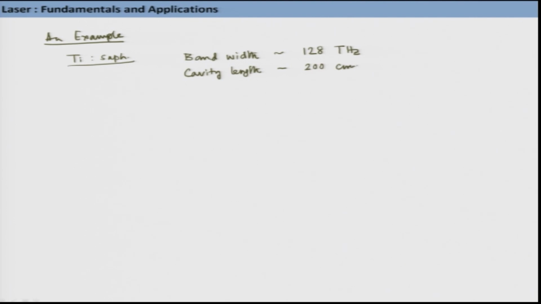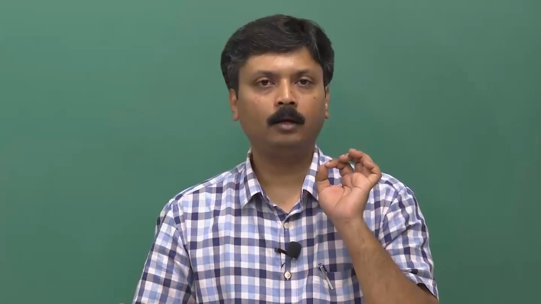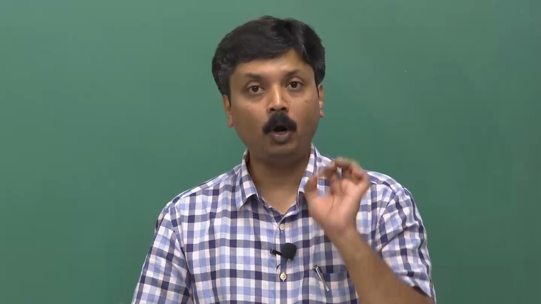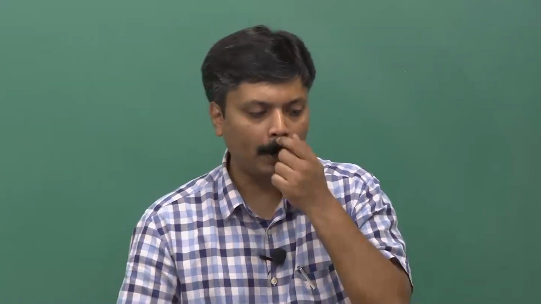Now, what I have to find out, for this given bandwidth and cavity length, is the shortest pulse width that is possible. So, we will have a limiting value of the possible pulse width. How to find that out?